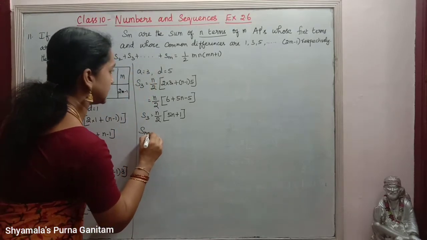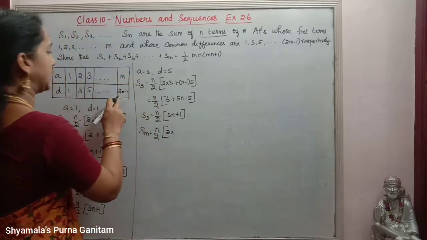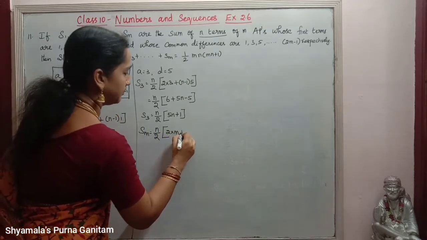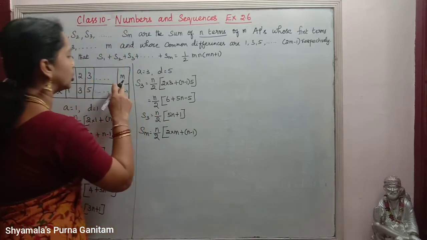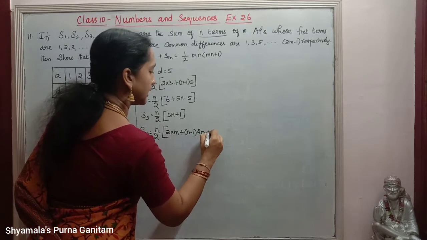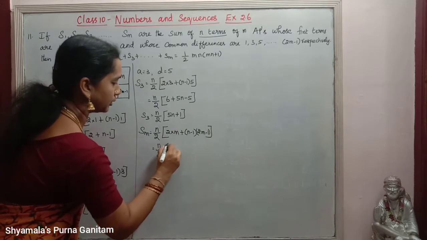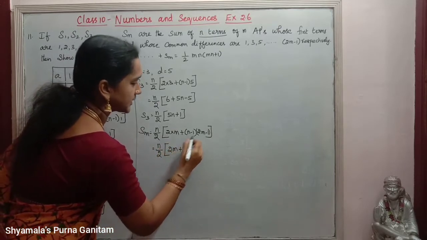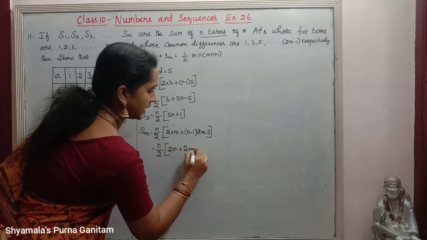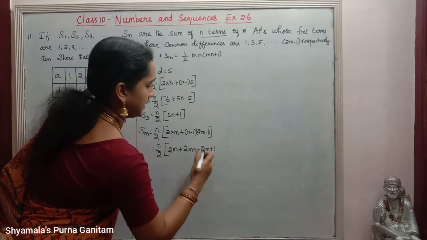So Sm is equal to n by 2 into 2 into, for m, first term is m, 2 into m plus n minus 1 into common difference, which is 2m minus 1. So this we will simplify. So n by 2 into 2m plus 2m into n is 2mn, 2mn minus 2m plus 1 minus n.